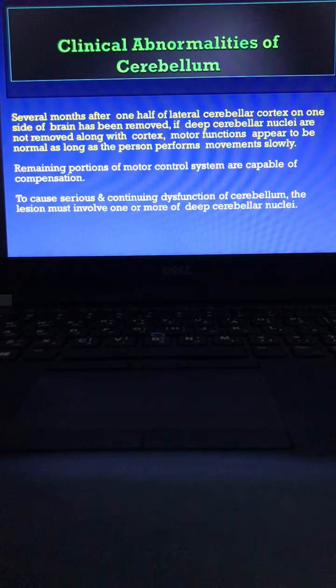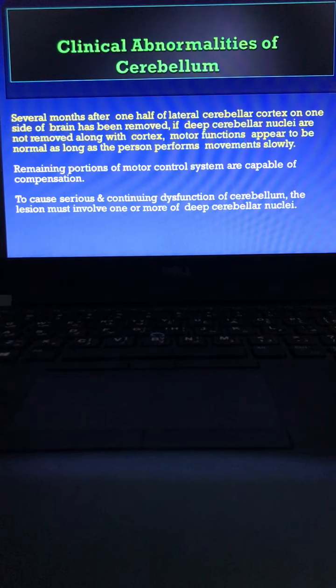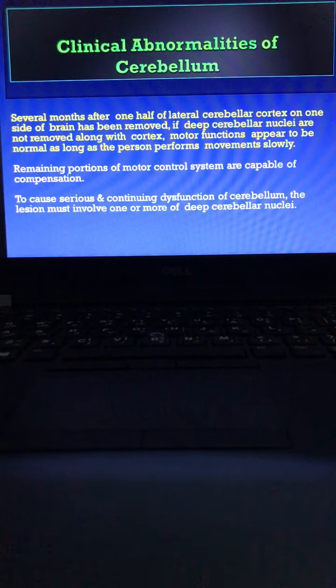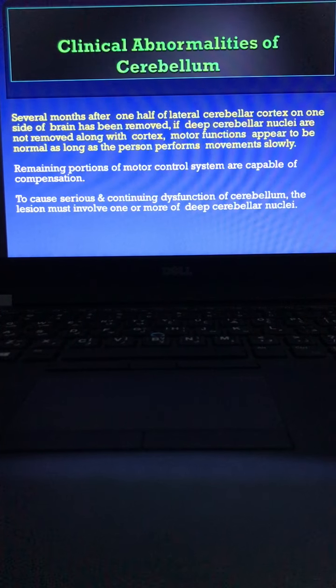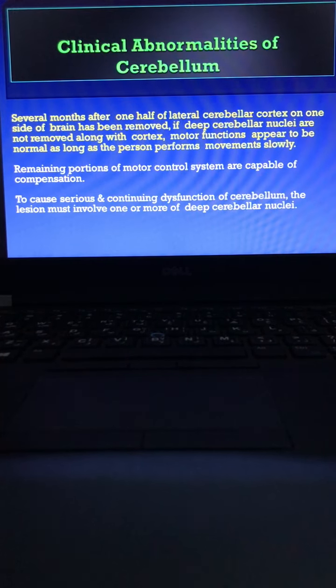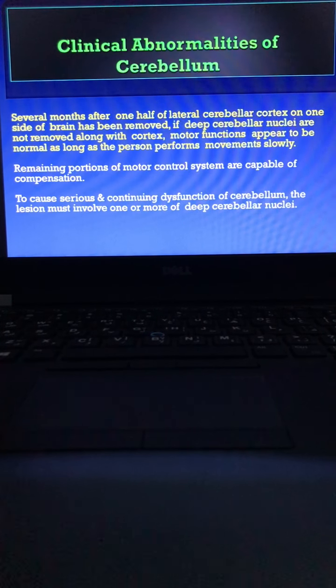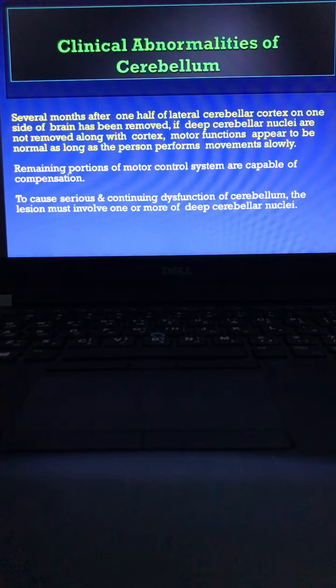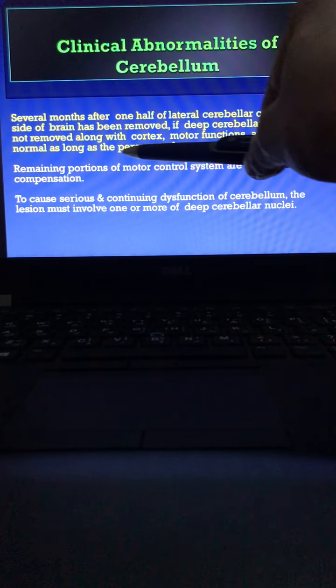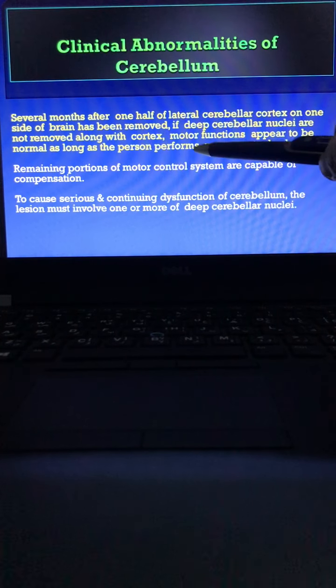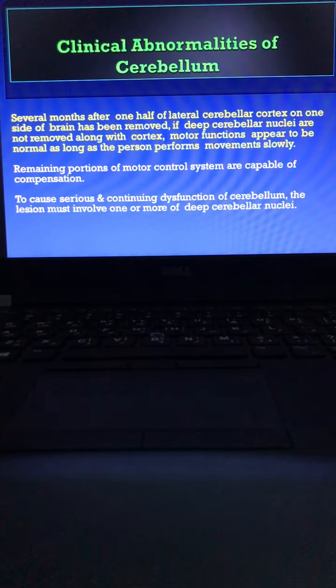Now, clinical abnormalities of the cerebellum. Several months after one half of the lateral cerebellar cortex on one side of the brain has been removed, if the deep cerebellar nuclei are not removed, meaning they remained normal and were not injured, the motor functions appear to be normal as long as the person performs movement slowly.